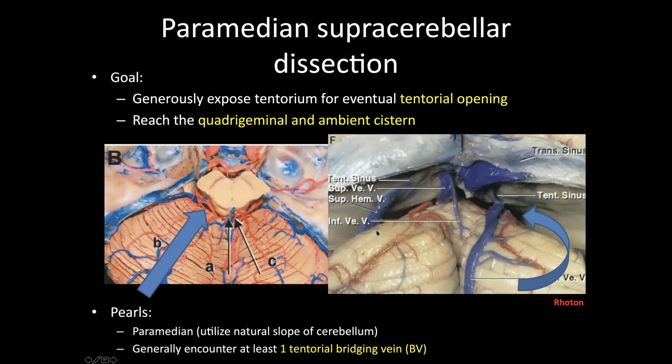The second important consideration in the supracerebellar dissection is the bridging veins. So, of course, the cerebellum has many bridging veins, paramedian, lateral, but also hemispheric. You won't really be exposing significantly the median or the lateral, but you will encounter likely at least one, if not two, hemispheric bridging veins.